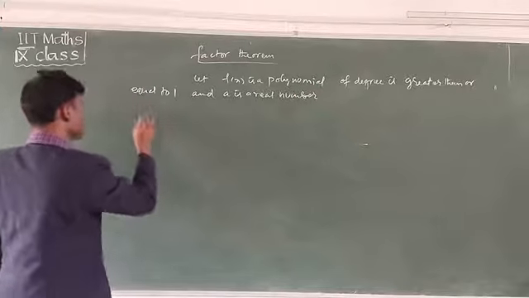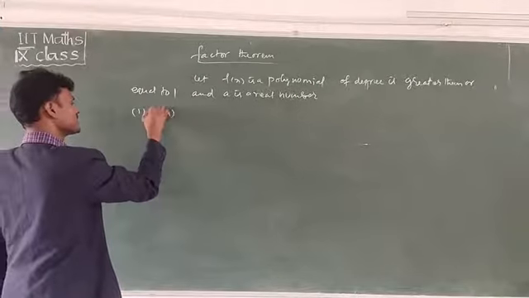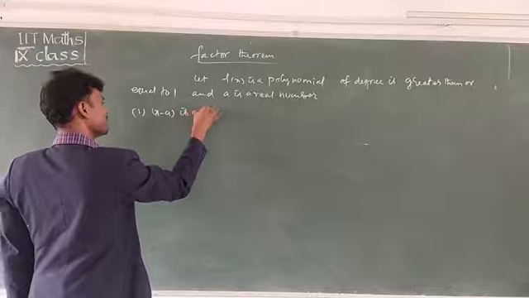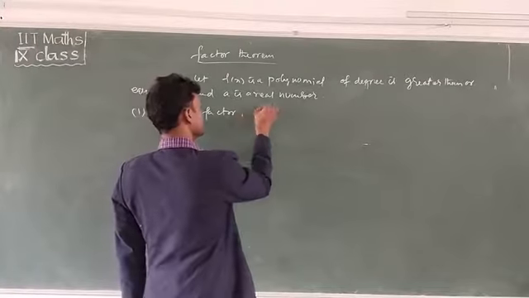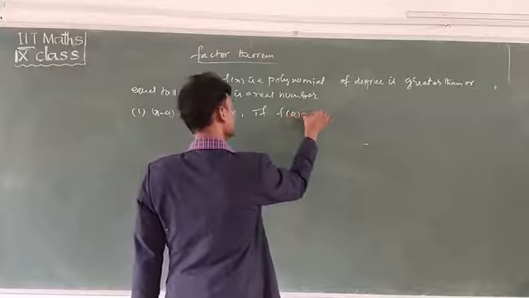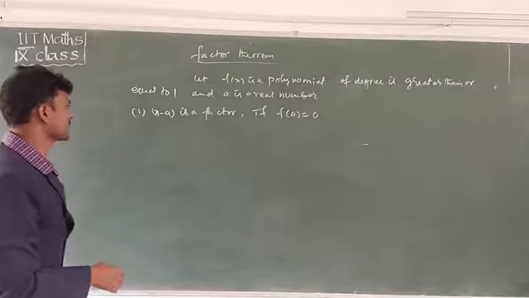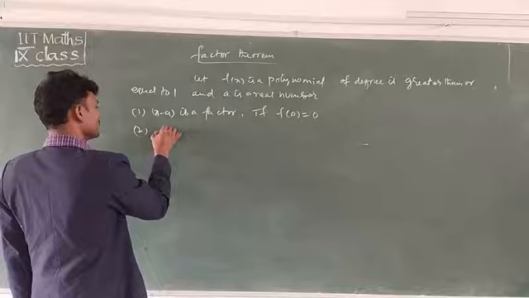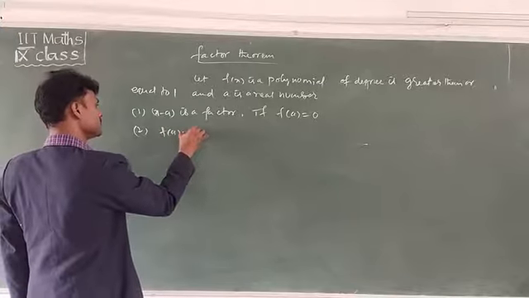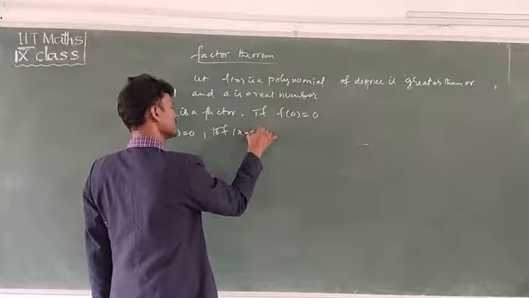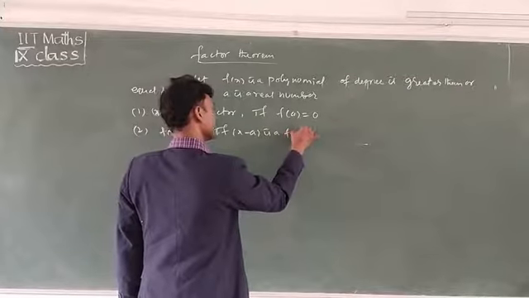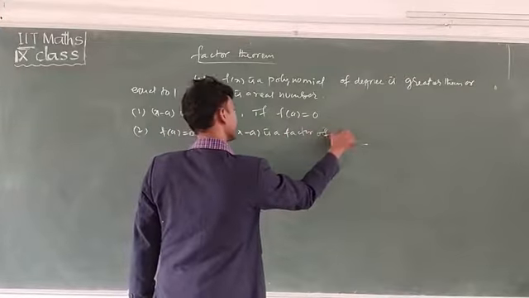Here are two cases. First one: x minus a is a factor if f of a is equal to 0. Second one: f of a is equal to 0 if x minus a is a factor of f of x.